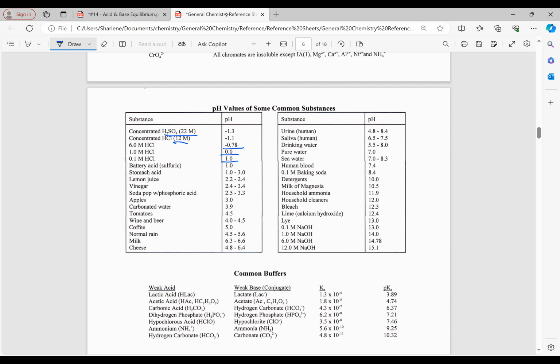Now, just to give you a generic idea, when I think strong acids, as far as pH is concerned, anything with a pH of 2 or less, I would consider that fairly strong. For bases, a pH greater than or equal to 11, I would consider fairly strong.